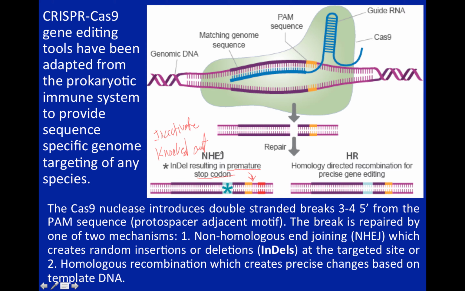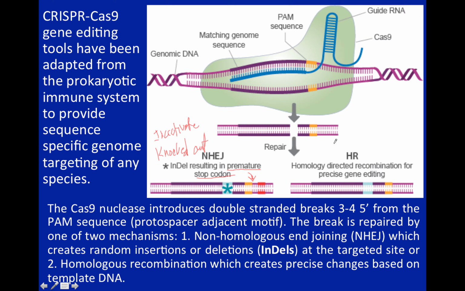If you allow non-homologous end joining to occur, you're going to end up with these indel mutations which result in premature stop codons. What if instead you want to replace this gene? Say there's a sickle cell mutation in there and you want to replace that sickle cell mutation with some DNA sequence that doesn't have that mutation in it.